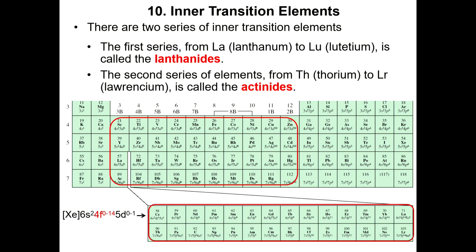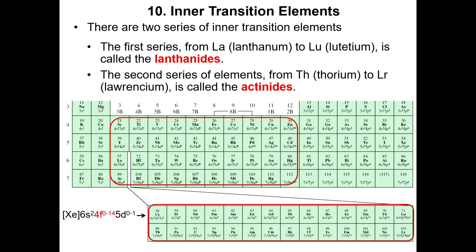F block, but there are only two kinds of f-block elements. One is 4f, another is 5f. So for 4f, basically we call them lanthanides. The first series is called lanthanides.